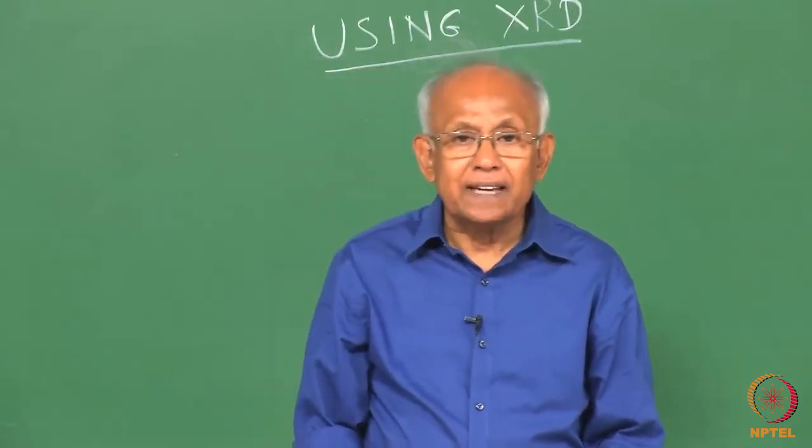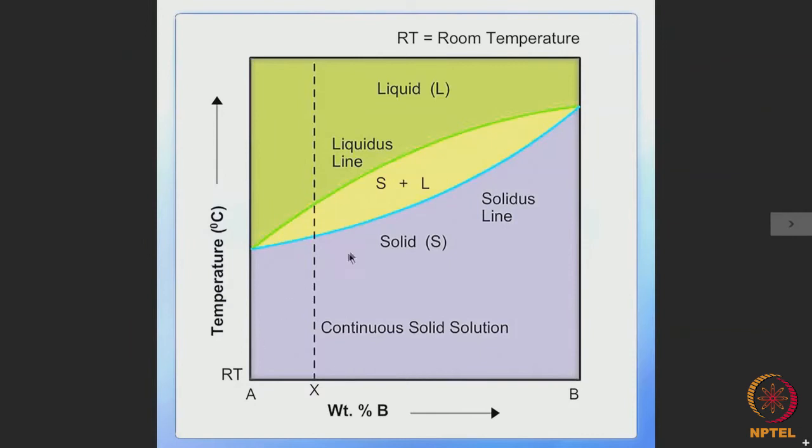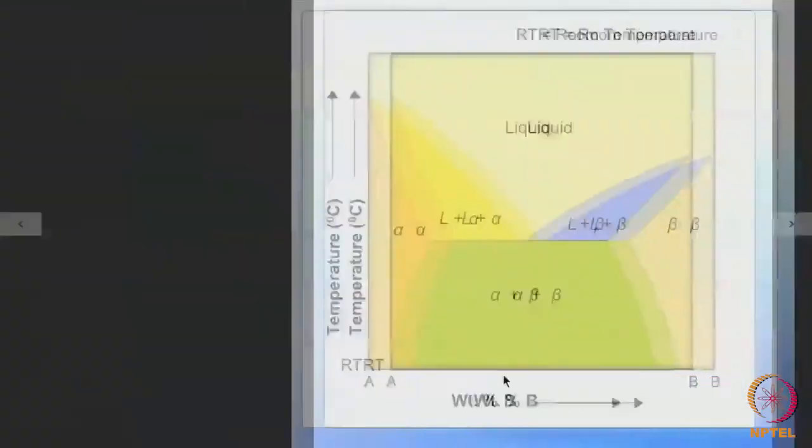Now, if we take a diffraction pattern of this single phase from different compositions of B, there will be a change in the lattice parameter values, and this will be reflected as a shift in the positions of the diffraction lines. We will see to it very soon.